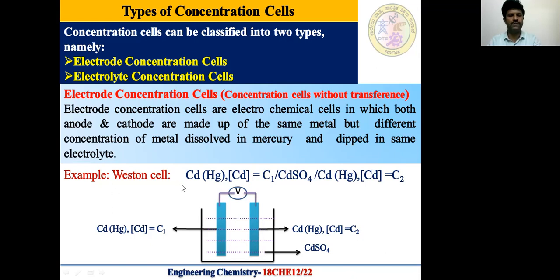Example, Weston cell. The cadmium dissolved in mercury of concentration C1 functions as anode due to low concentration of cadmium. It is in contact with cadmium sulfate solution electrolyte, and it is in contact with the cadmium dissolved in mercury of concentration C2, that is higher concentration, which functions as cathode. So this is about electrode concentration cells.